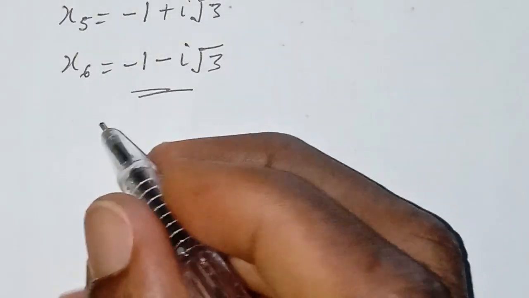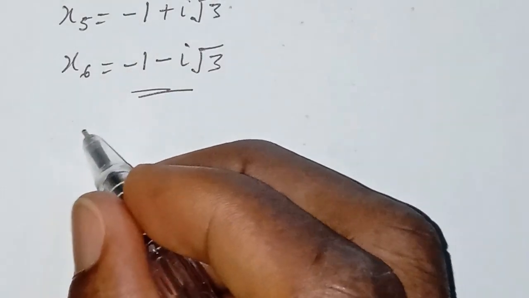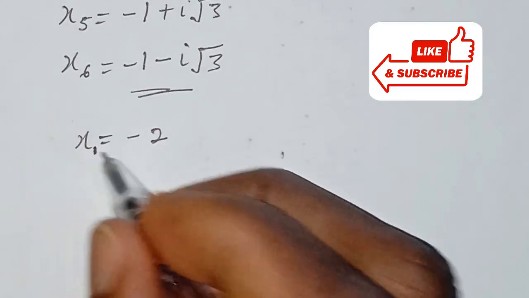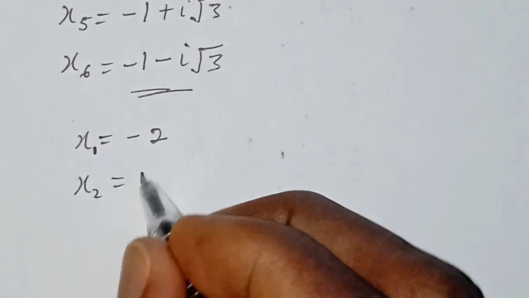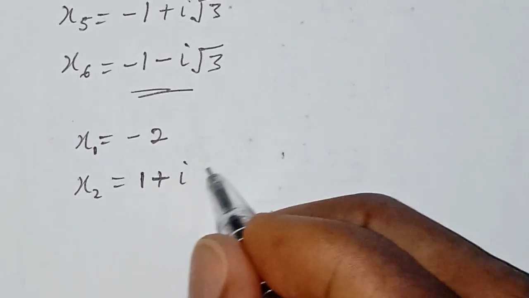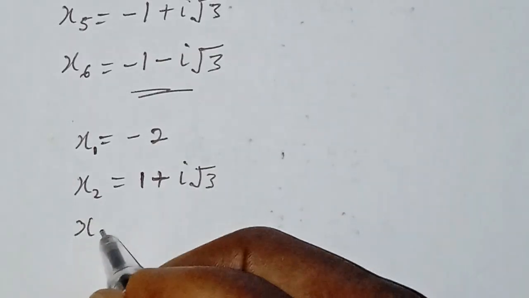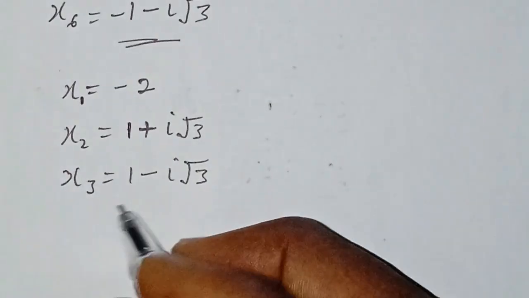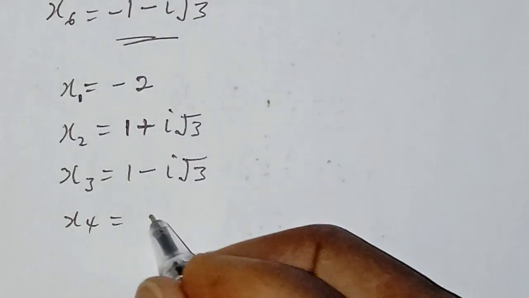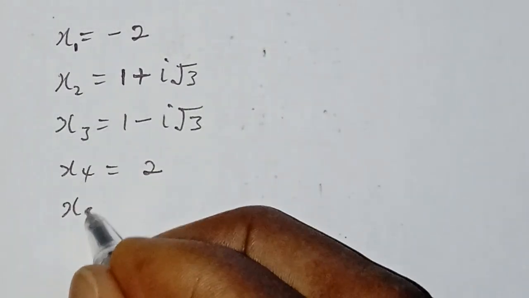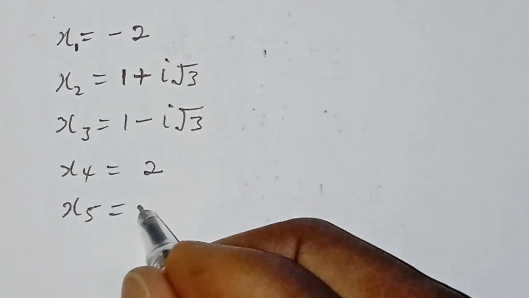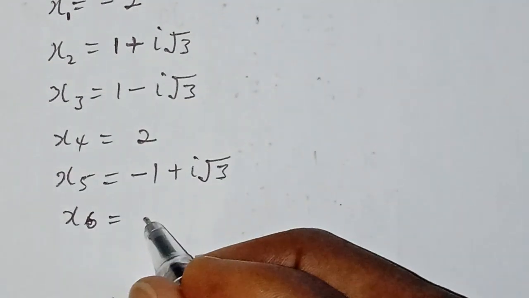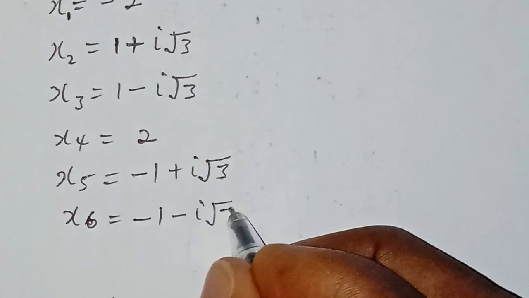So all the possible values of x are given as: x1 equal to minus 2, x2 equal to 1 plus i square root of 3, x3 is equal to 1 minus i square root of 3, and x4 is given by 2, x5 is given by minus 1 plus i square root of 3, x6 is given by minus 1 minus i square root of 3.